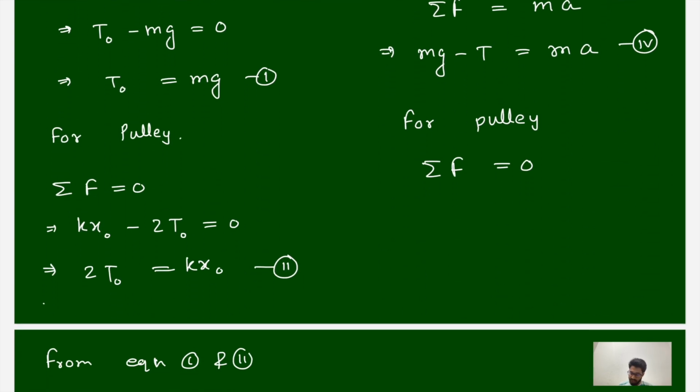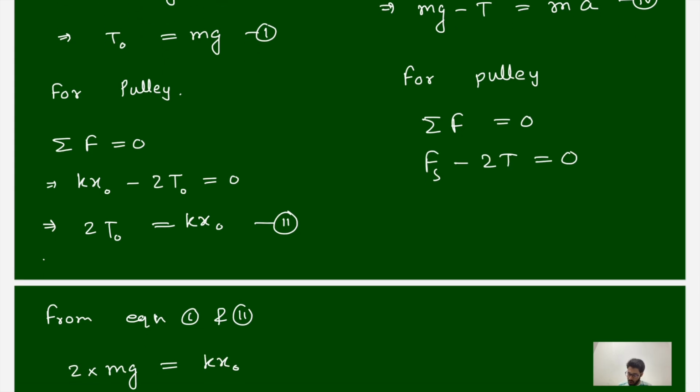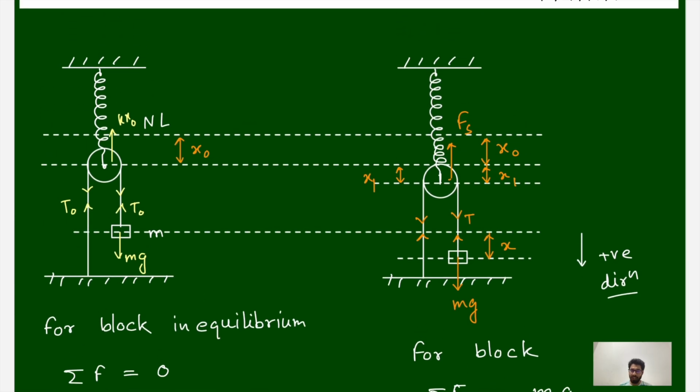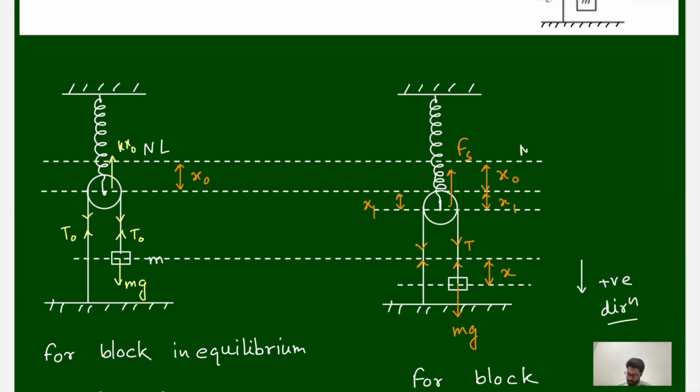So Fs minus 2T is equal to 0. The important point here: see how much from its natural length it has been displaced. This is the natural length. From the natural length, the total displacement of the pulley is x naught plus x1.